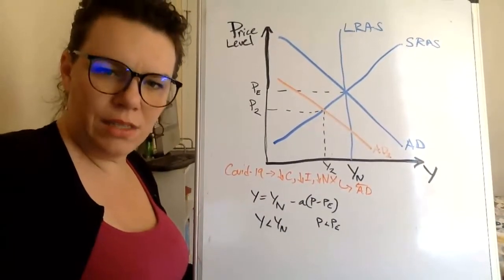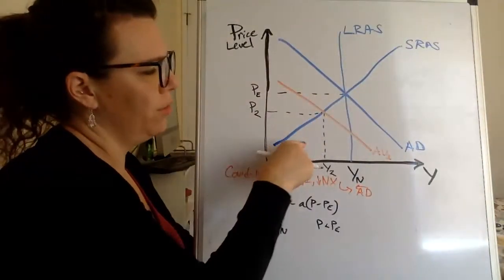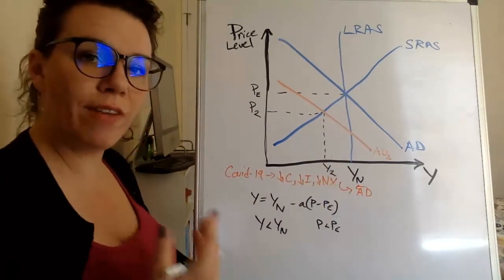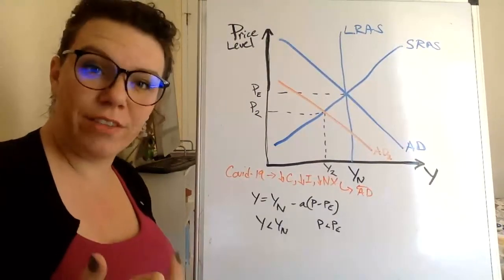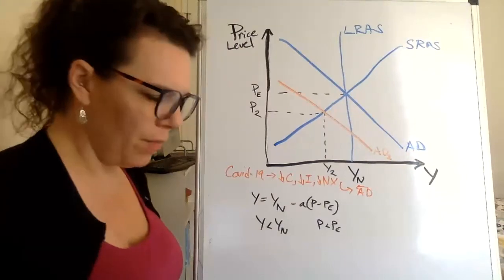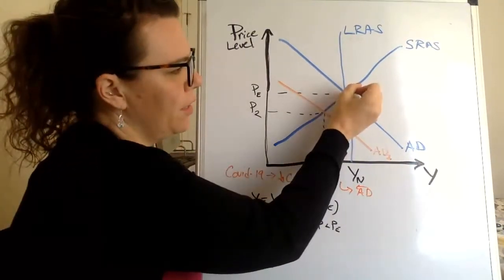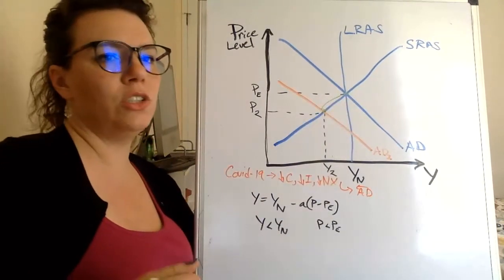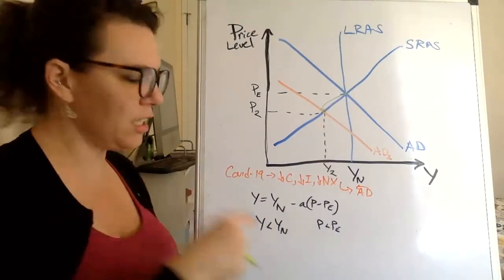And so what that means is the short-run aggregate supply curve allows for output to fluctuate around that natural rate of output and prices to change. And actually, prices are the driver of that fluctuation in the short run when we have shocks to the economy. Now, we move from our initial point down to here, and if we do nothing, we'll see the economy return over time as expectations adjust.